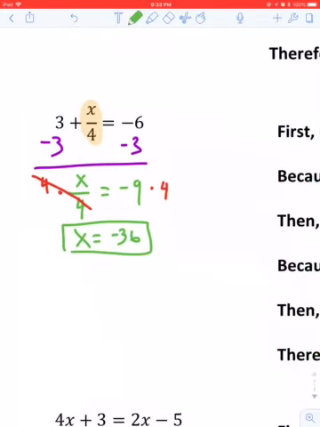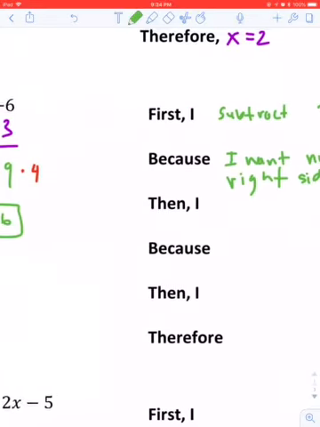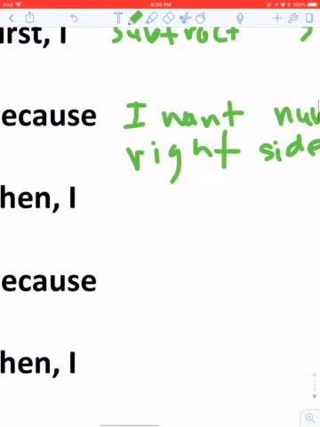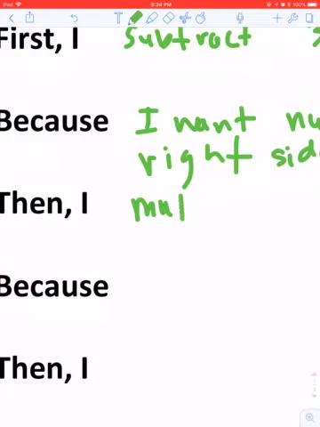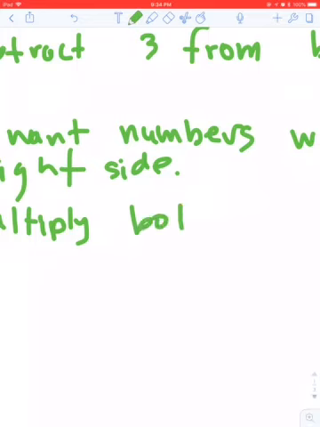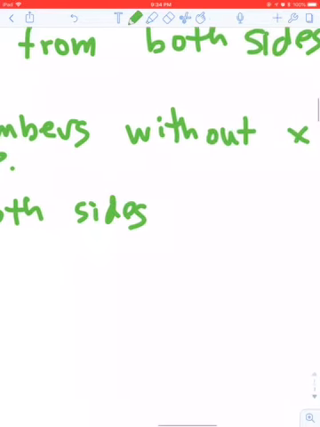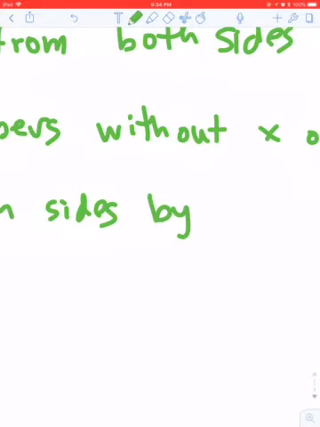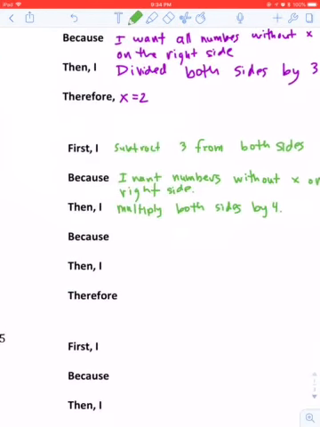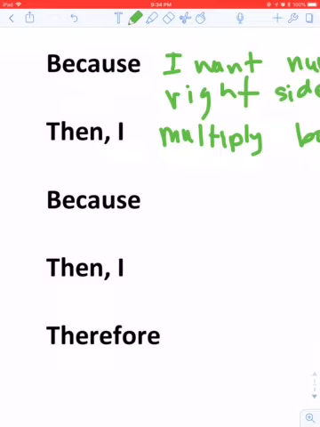Okay, next thing I did, I multiply both sides by 4. Then I multiply both sides by 4. Because, so the next part is because I want x by itself.